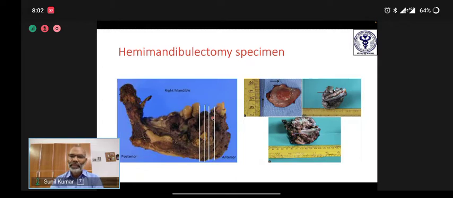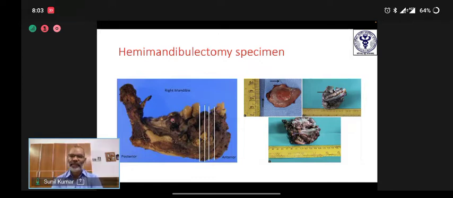Another one I would like to bring to your attention. There is a protruding, proliferative growth in a specimen of hemimandibulectomy, or I should say arch preserving, segmental mandibulectomy is this one.